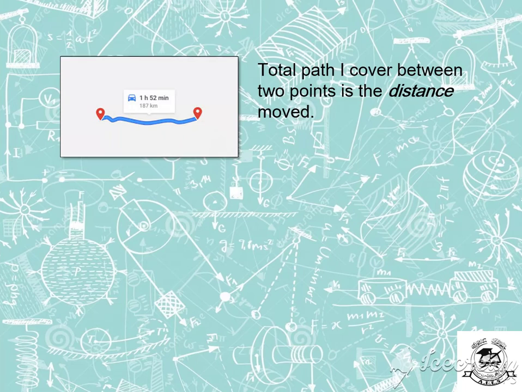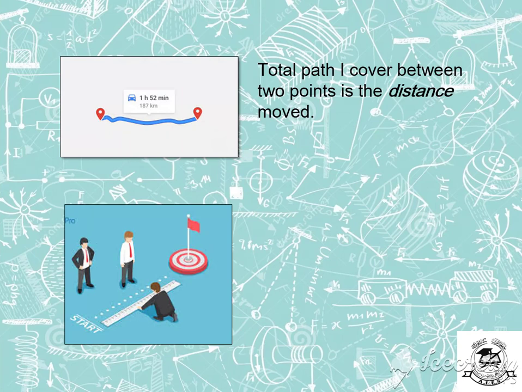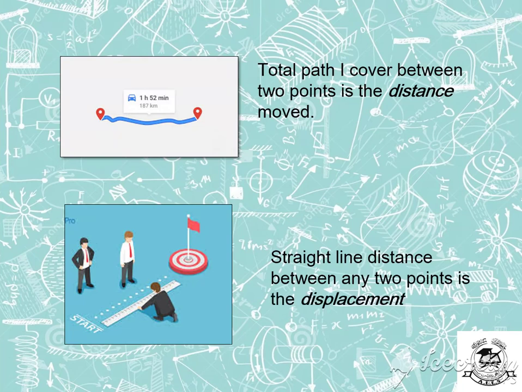It's a scalar quantity because it has no direction, while a straight line distance between any 2 points is the displacement, and because it has a direction from the starting point to the ending point, it's a vector quantity.